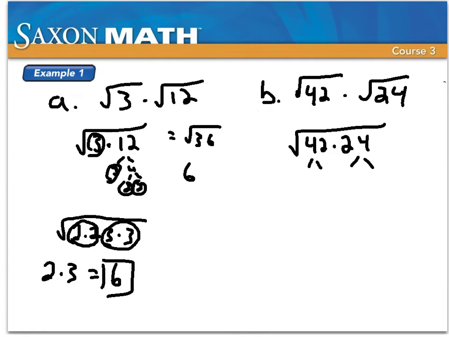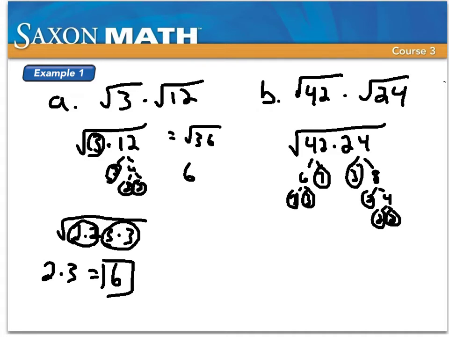And 42 is 6 times 7, where 7 is a prime number. And then 6 is 2 times 3. And 24 we can break apart many ways, but let's do 3 times 8, because 3 is a prime number. And then 8 is 2 times 4. And then 4 is 2 times 2.